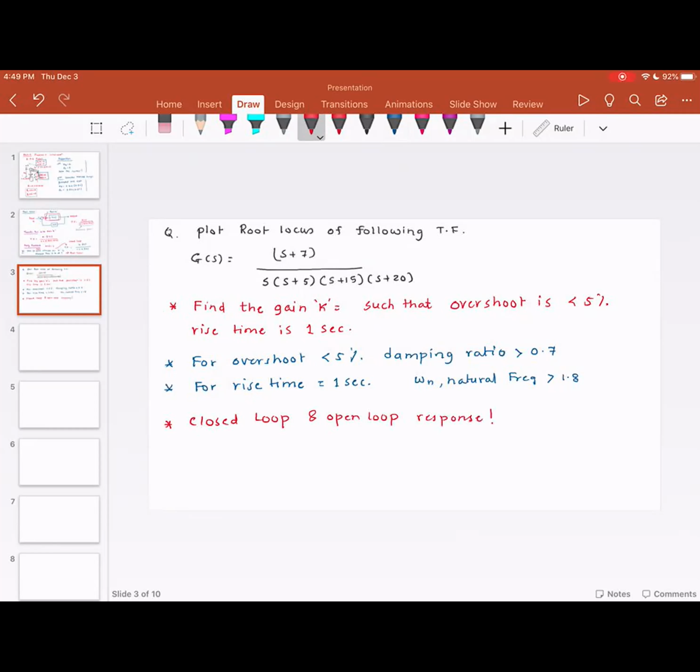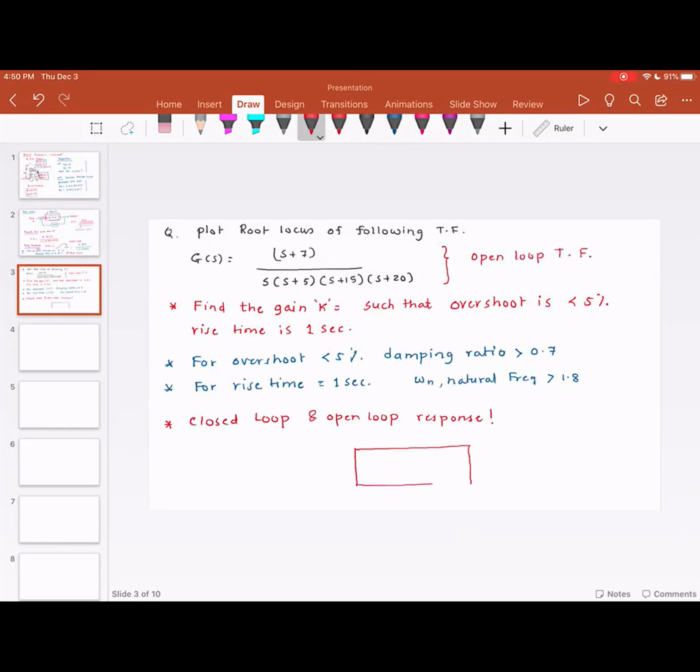Now, before I start working out the problem, I want you to note that this is an open loop transfer function. There is no control, there is no closed loop on this. What we are going to do is add a gain. This setup is very important.